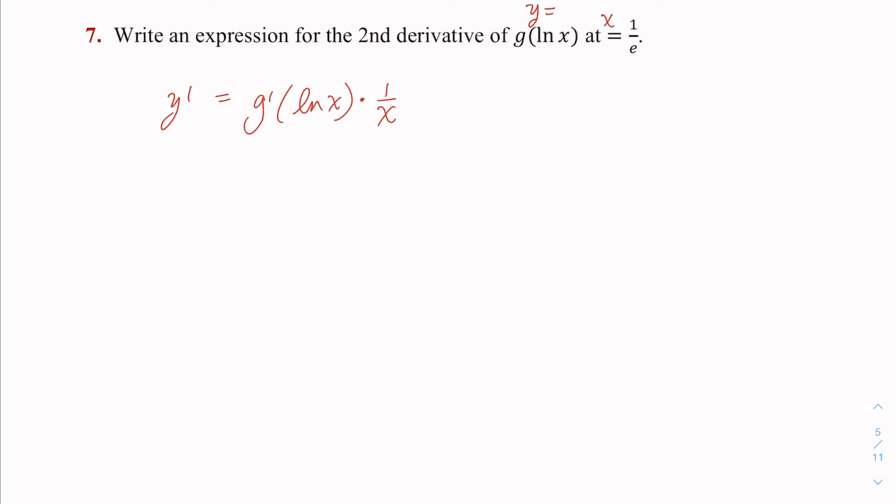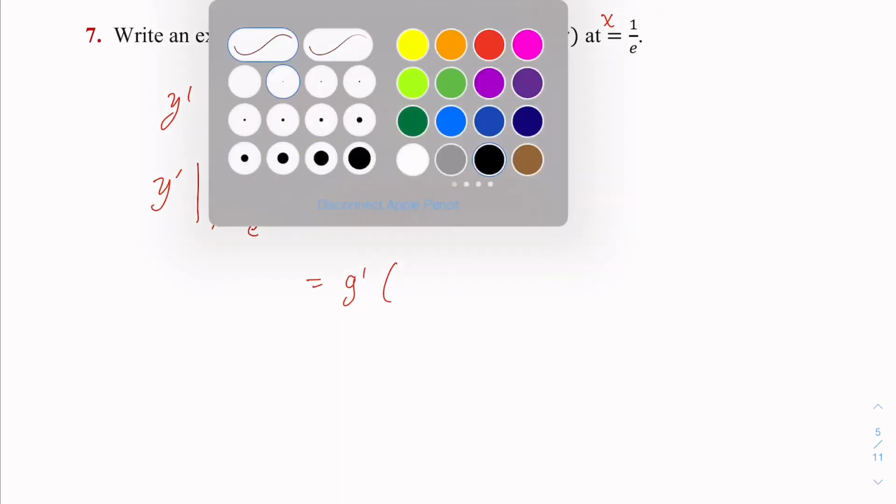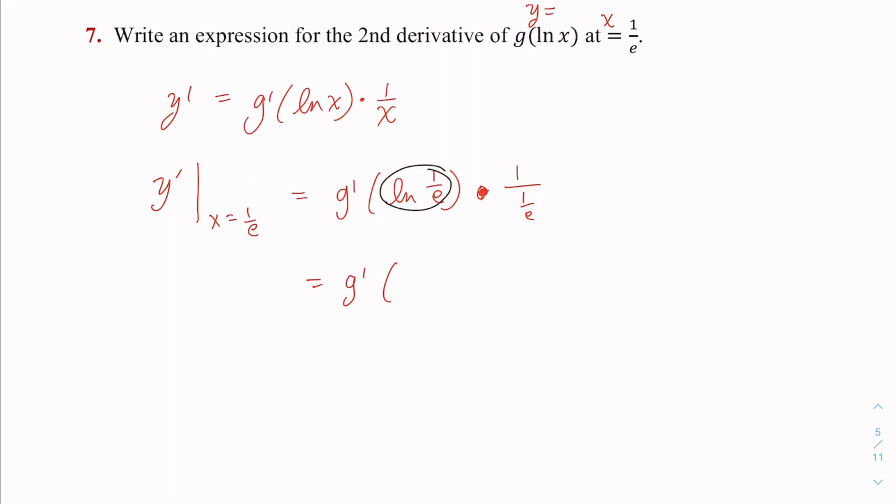Now that we found y prime, it's time to plug in 1 over e. So we'll show our work like this. So we'll be writing g prime of ln 1 over e plus 1 over e. Or rather, times 1 over e. So we've got g prime of, and can you rewrite this using what we did before? Yeah, that's going to become negative 1.